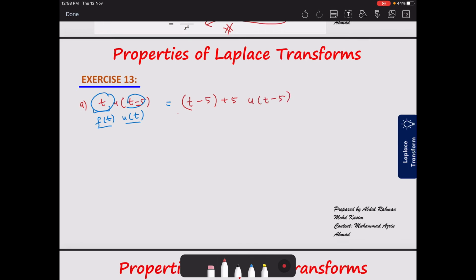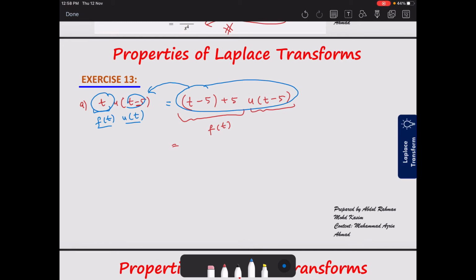So look at here. This is your f(t) now. This is the existing one. When you are calculating the terms over here, it is basically the same as the original equation. We just make it general so that we can use the second shift theorem.